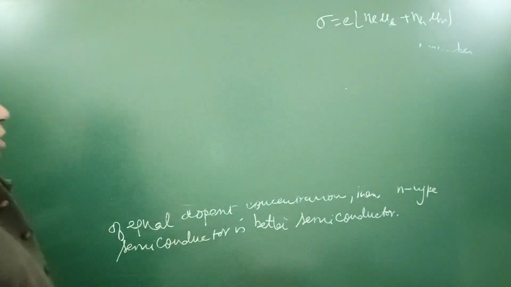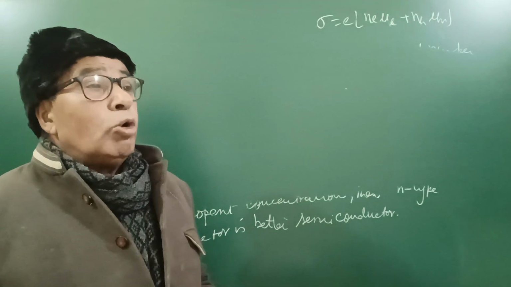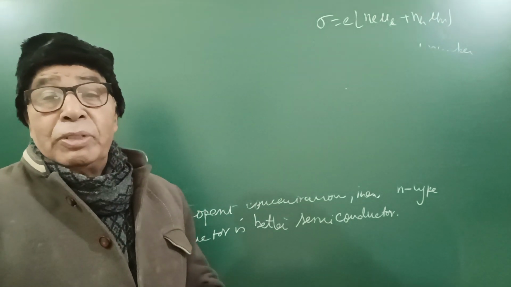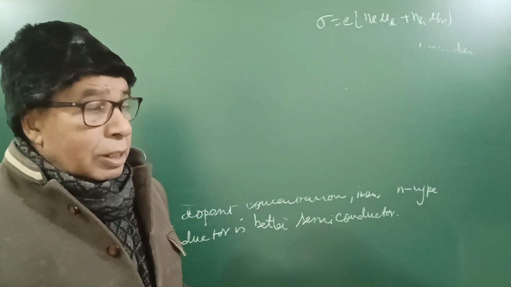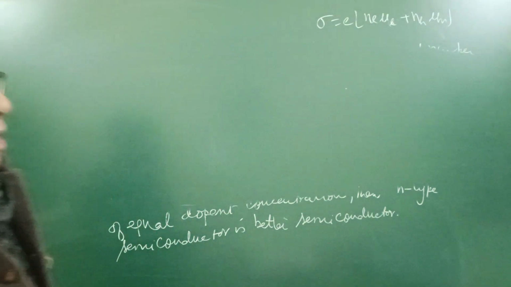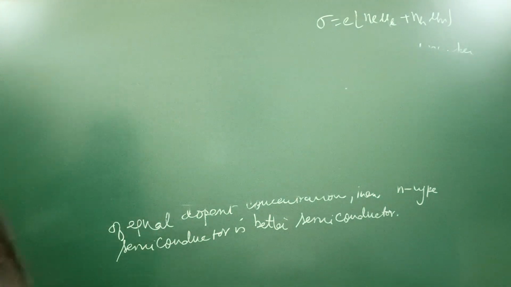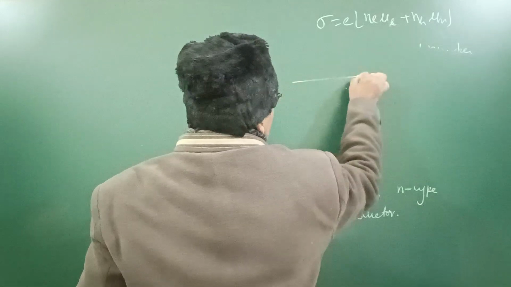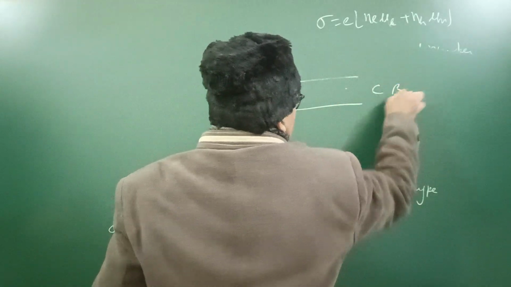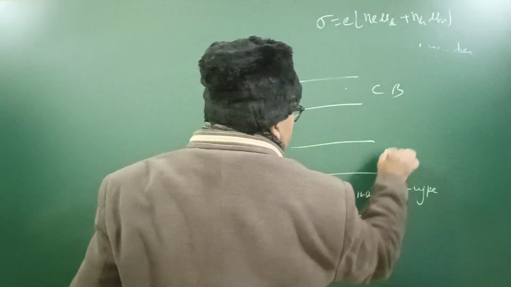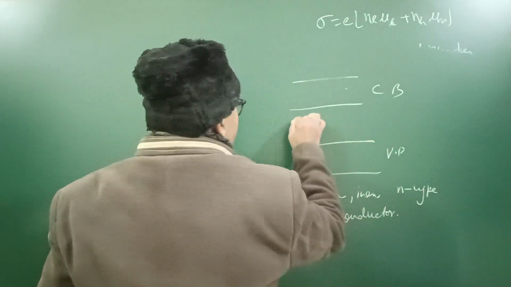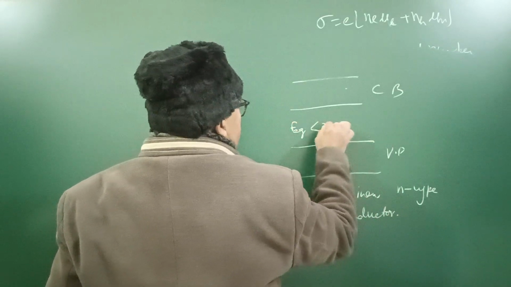So one question was there: when we dope a pure semiconductor with pentavalent or trivalent atoms, will the energy gap increase or decrease? So you know it is the conduction band here, it is the valence band here. This is the energy gap which is less than 3 electron volt.